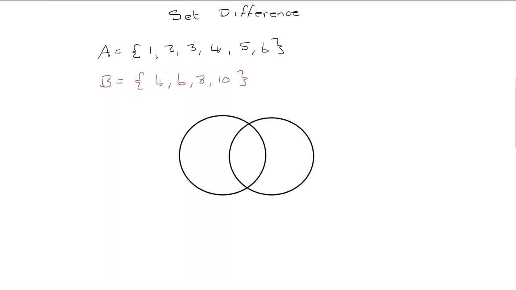So we will call this circle here set A, and we'll call this circle here set B. So what we can do is put our elements into these sets in the Venn diagram.